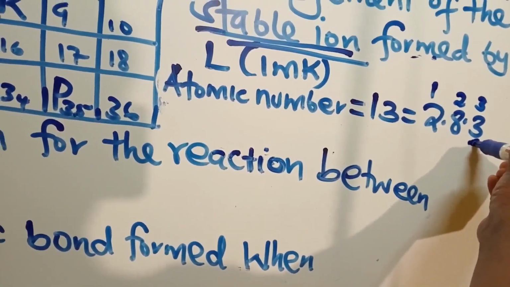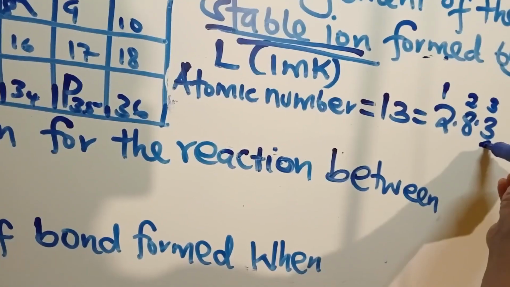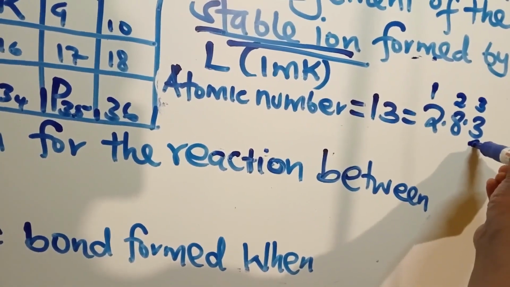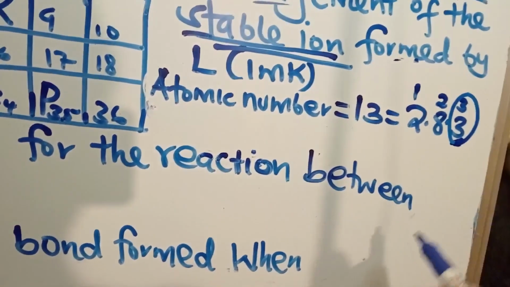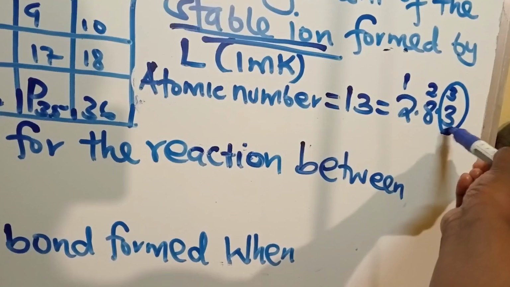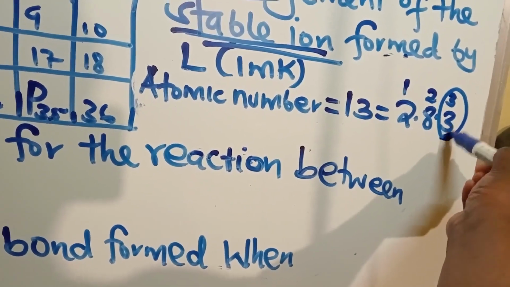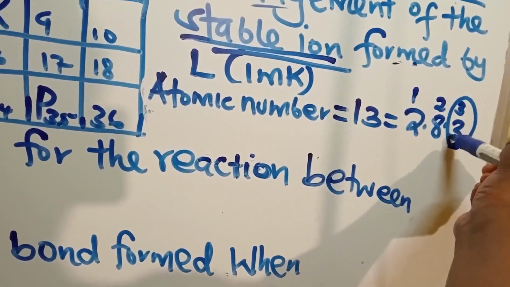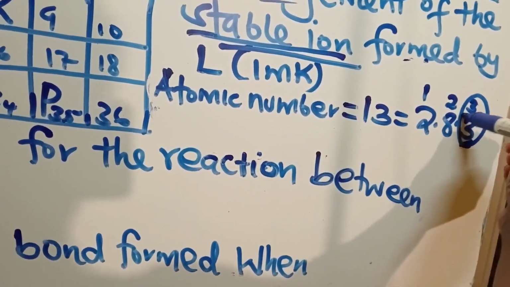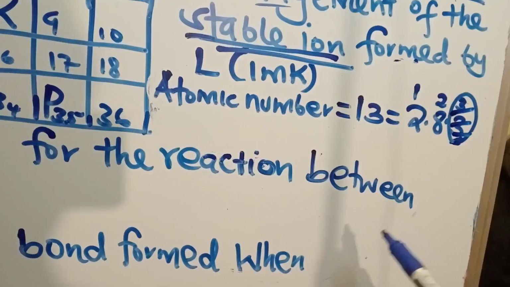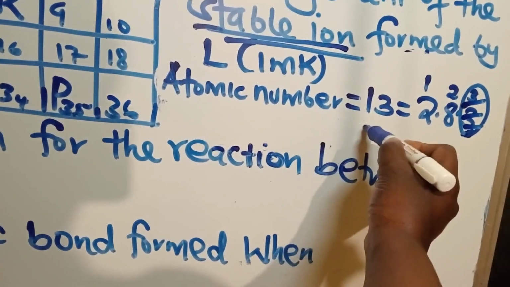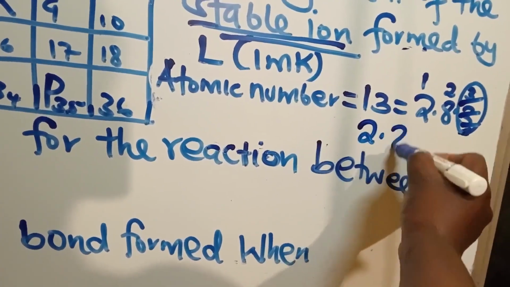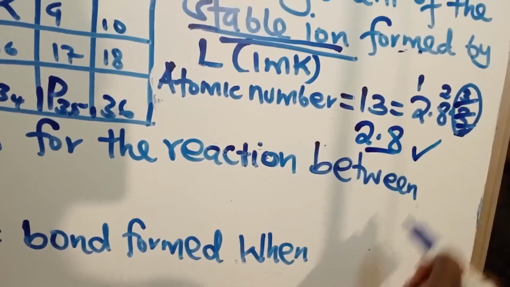This is an indicator that L is a metal in group 3, and metals in group 3 react by losing the 3 electrons in the outermost energy level, meaning after it has lost the 3 electrons, the outermost energy level will also be lost together with the electrons. So it will remain with an ionic configuration of 2.8, and this is the answer.